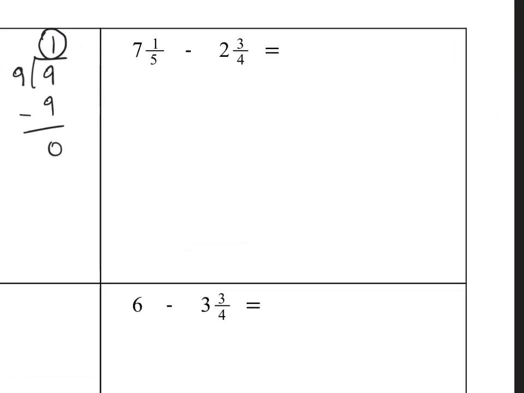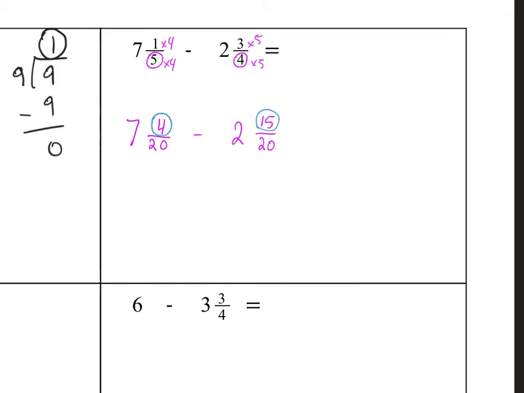Here I need to have a common denominator. I know that could be 20, so I'm going to rewrite it with my common denominator. 5 times 4 is 20, 1 times 4 is 4. I'm going to do the same over here. 4 times 5 is 20, 3 times 5 is 15. Now notice, I can't take 15 from 4.